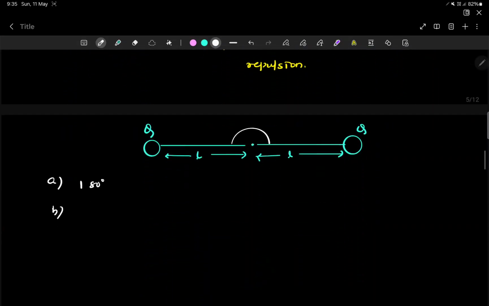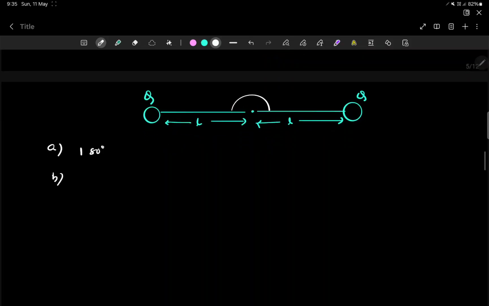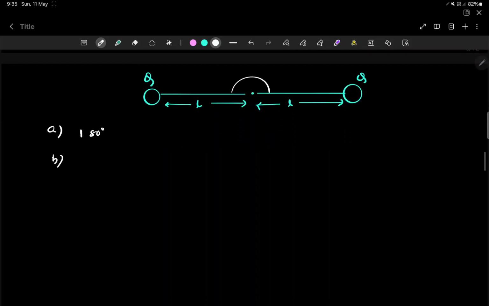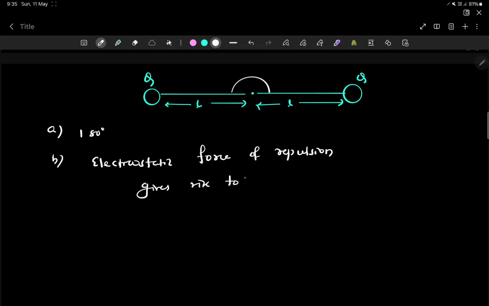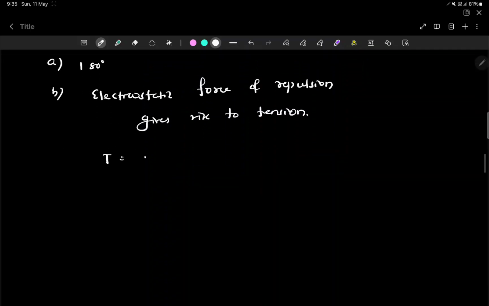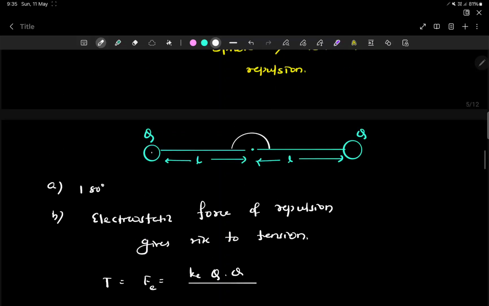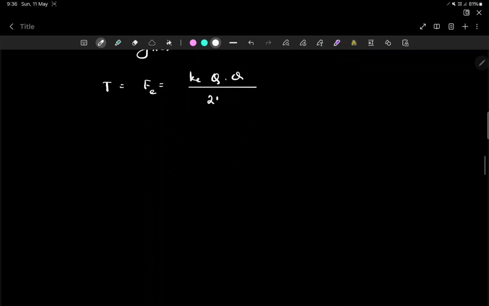Here remember, the electrostatic force of repulsion gives rise to tension. Okay, so here the electrostatic force of repulsion gives rise to tension. Yes, so we can calculate T equals Fe, that is Ke Q into Q divided by the separation between these two charged bobs, that is 2L, so 2L whole square.